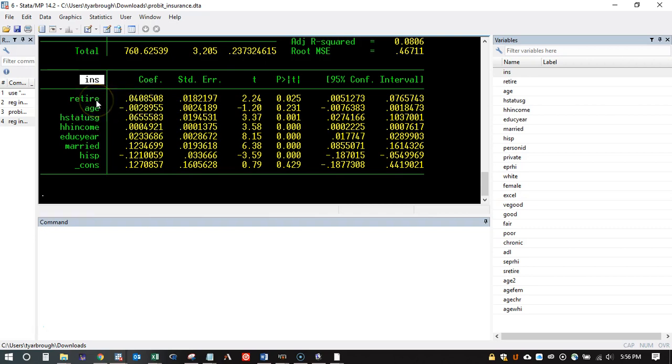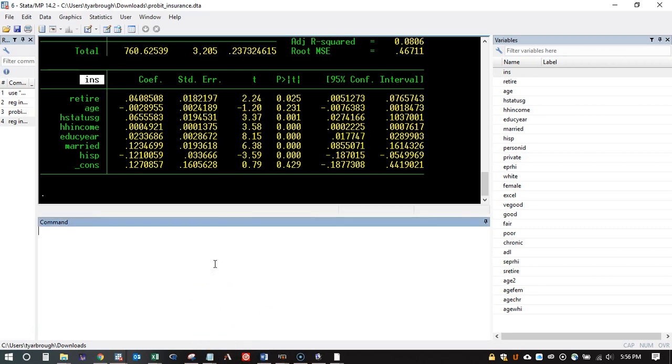A 1 unit change in whether they're retired or not, which is binary, causes a 0.04 change in whether the person had insurance. There's no way to interpret this result through ordinary least squares. It doesn't mean that ordinary least squares won't tell us something about the underlying relationships, but we cannot interpret that coefficient at all.